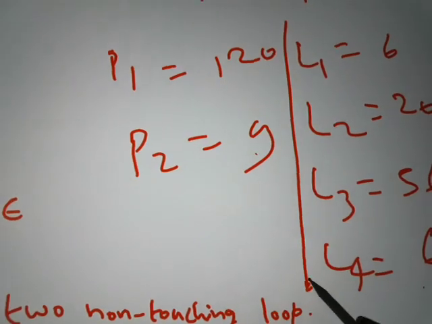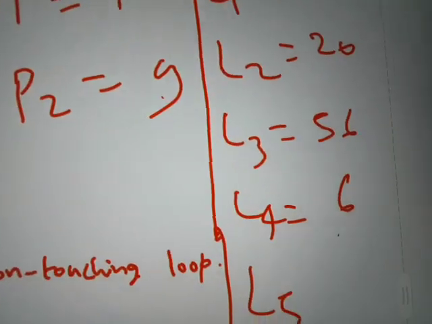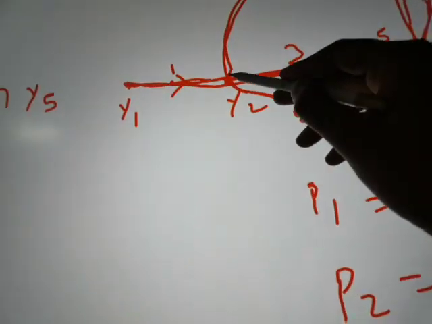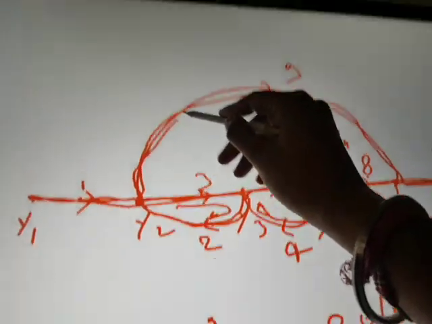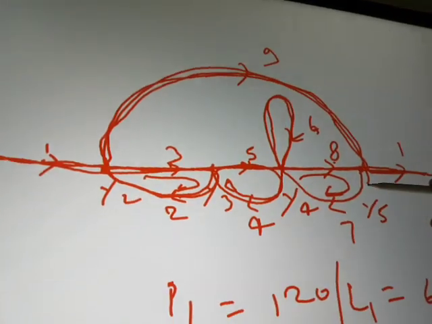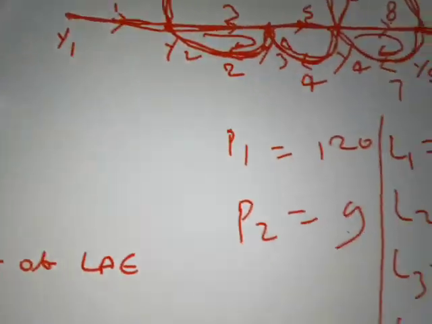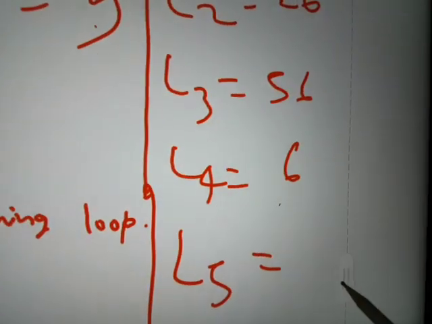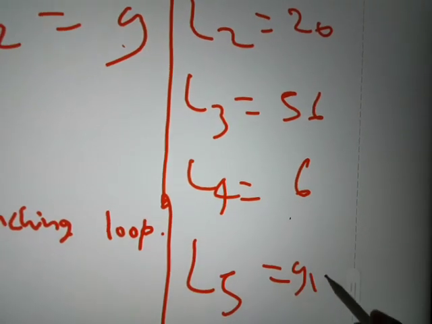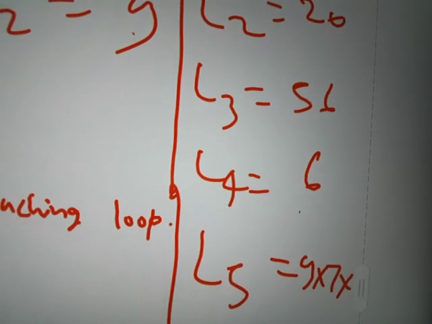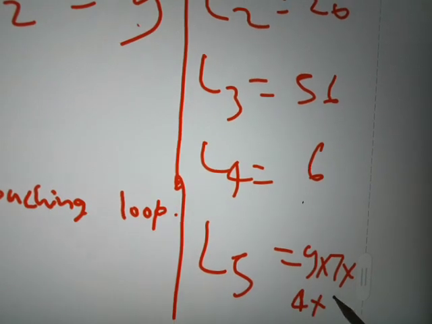And the last outer loop L5, which will be this: 9 into 7 into 4 into 2. So loop 5 will be 9 into 7 into 4 into 2.